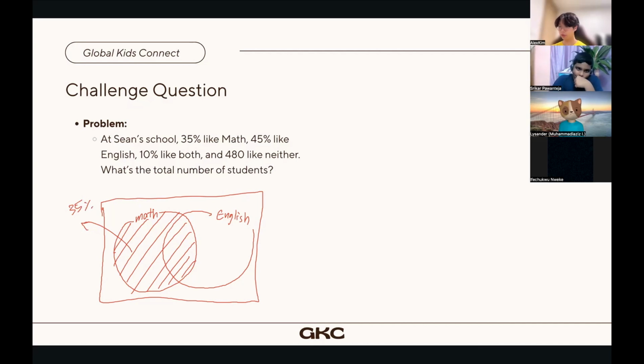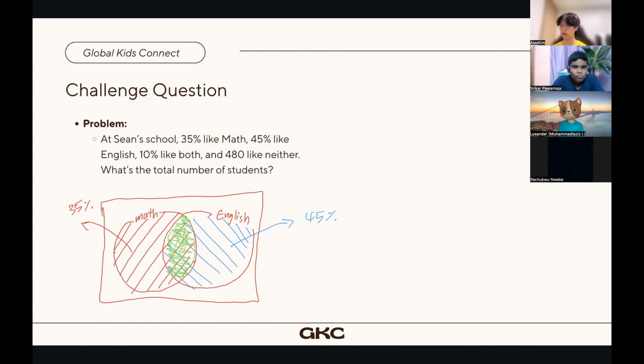And then our second circle, let's do a different color here, which represents the percentage of students that enjoy English, is 45%, as shown here. 45% like English. But then there's also a part where the two overlap, which is this middle part right here in the green.